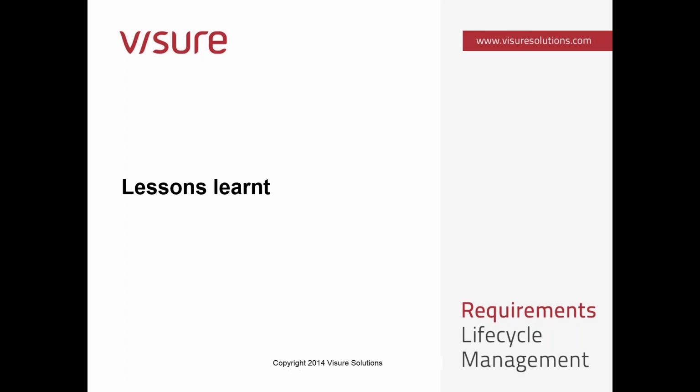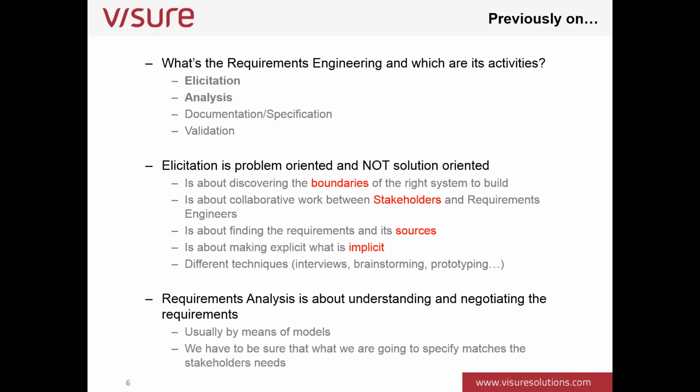Before starting with requirements and specification, which is what we are going to discuss today, just a quick recap of what we have learned already in this webinar series. One of the first things we saw is what requirements engineering is.